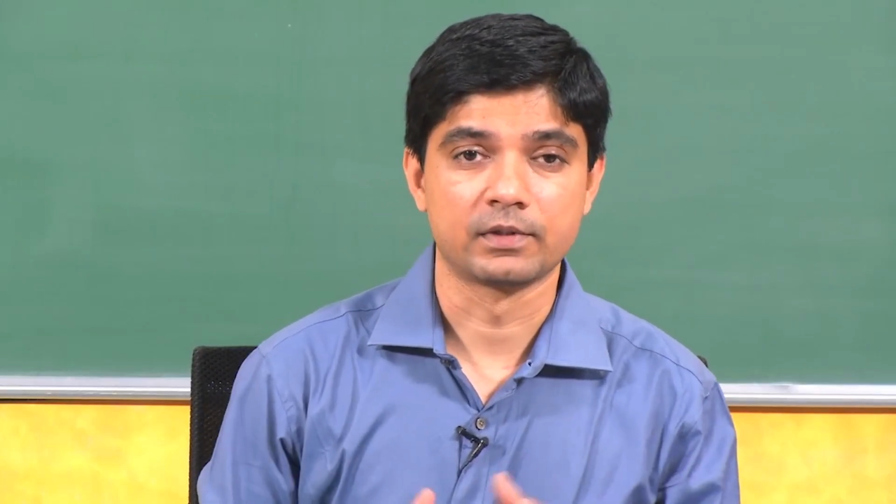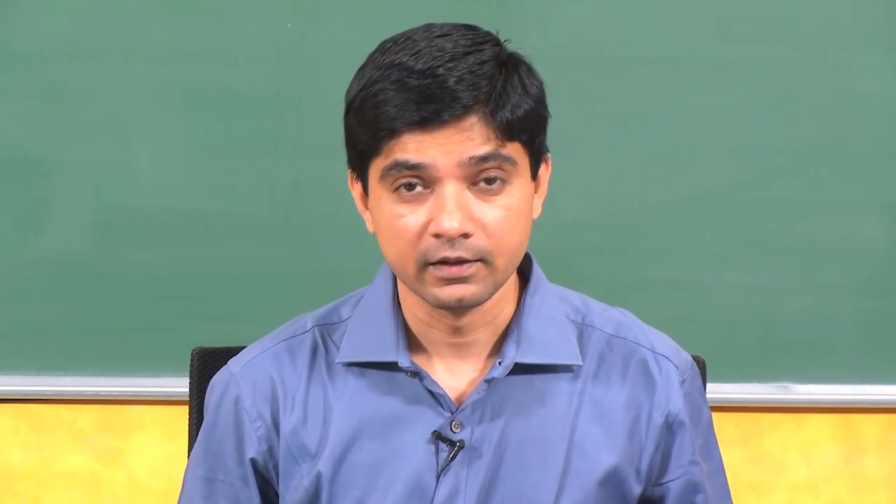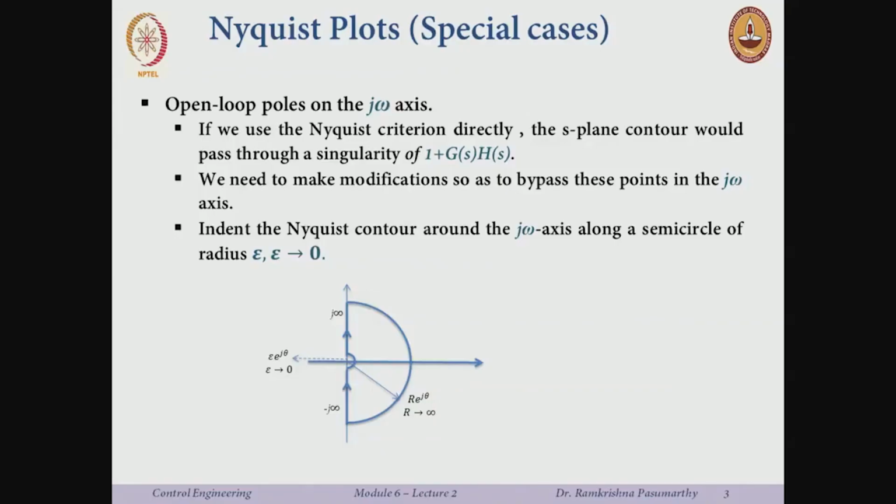We also saw how we shift from the origin to -1 plus j0, and how analyzing this point helps us get the closed loop behavior by just looking at the open loop transfer function. What we will do today is handle some special cases.